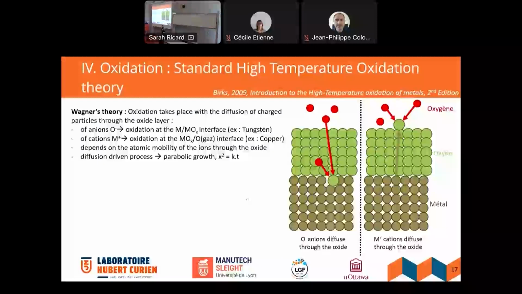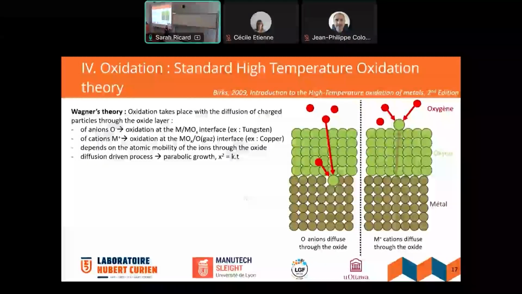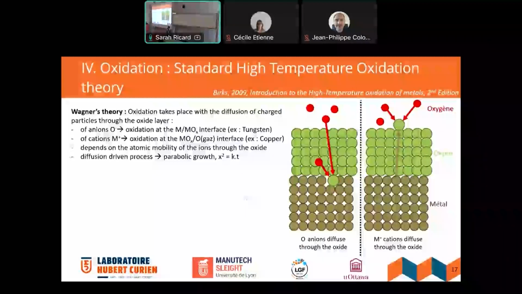So I've talked about the issue of standard high temperature oxidation theory, so I need to at least talk about it a little. It's called Wagner's theory. Its main premise is that the migration of charged particles, anions or cations, drives the oxidation process.